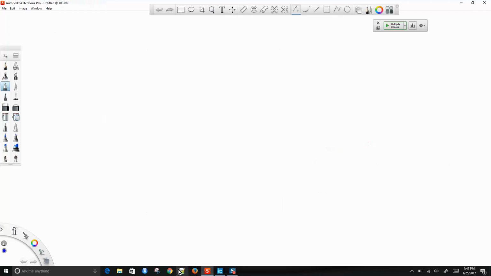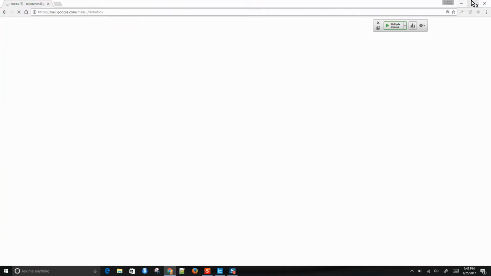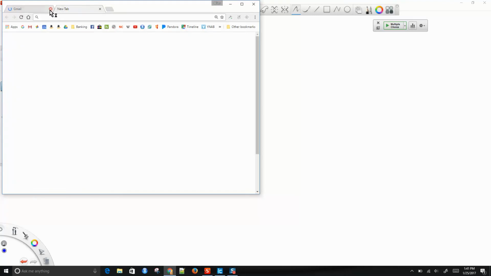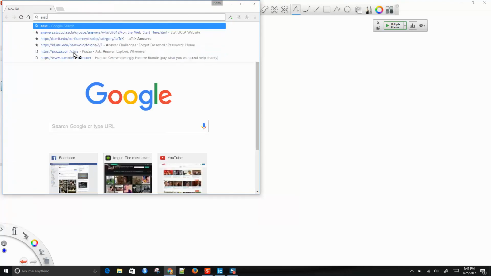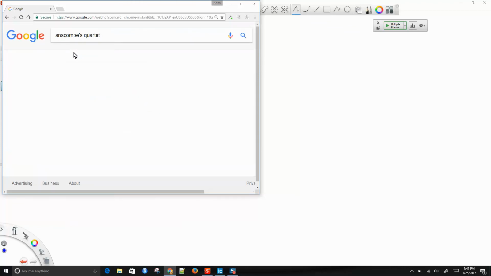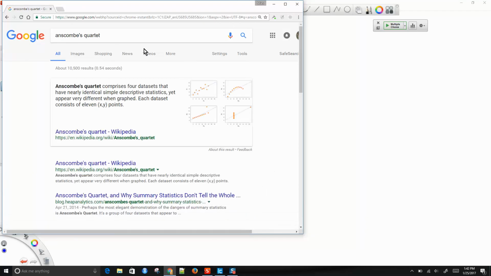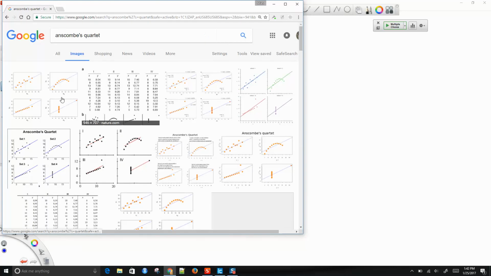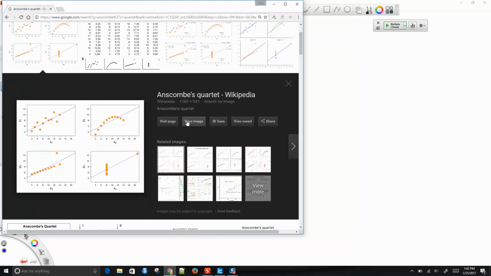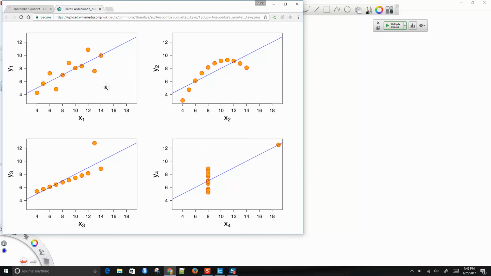There is something called Anscombe's Quartet. And let me hop online to look this up here. Anscombe's Quartet. Let's get this picture. All right. There it is. Copy image.